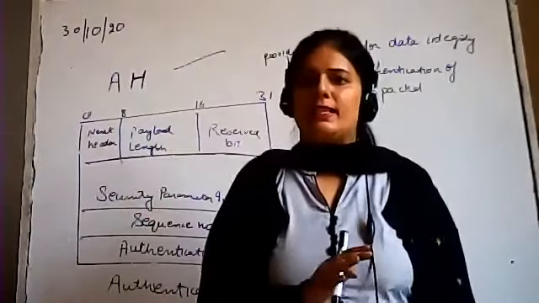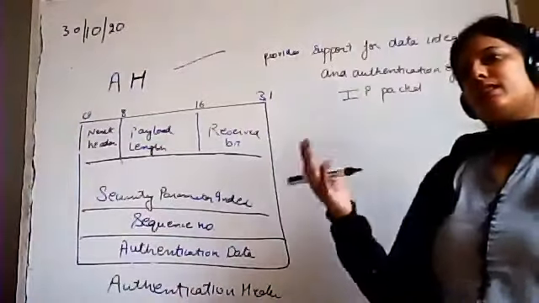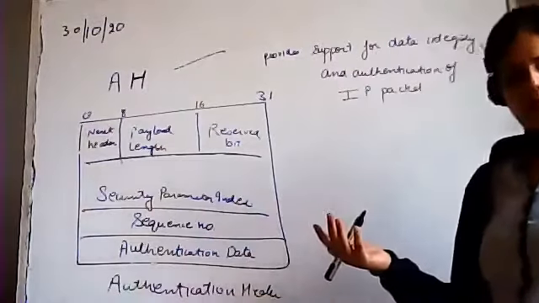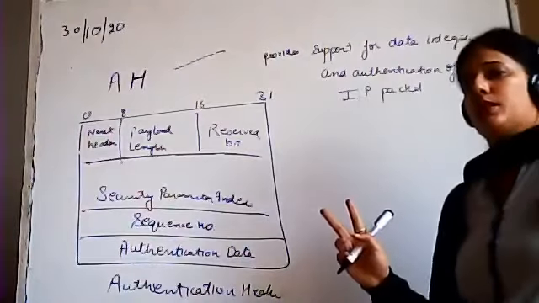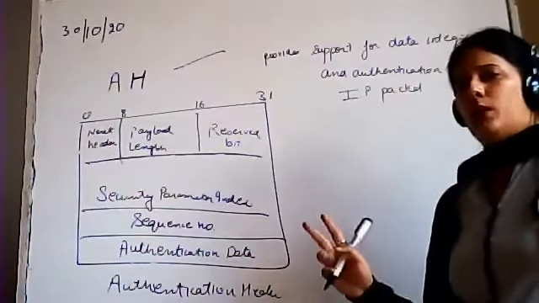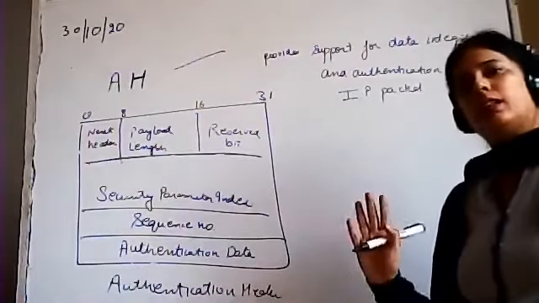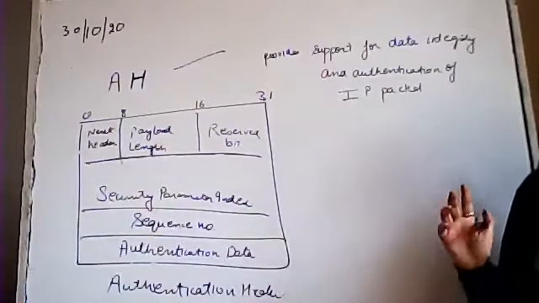Whatever data is sent by the source is received as it is at the destination. That is what we mean by integrity. Now what is authentication? It means that both endpoints, the source and the destination, are authentic users.